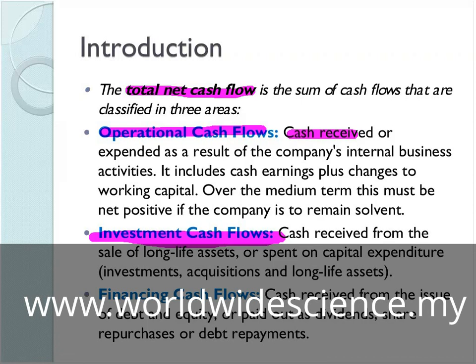That means the cash flow from investment, the same as when we invest in some projects. And we have financial cash flows: the cash received from the issue of debt and equity, or paid out as dividends, share repurchases and debt payments. This is financial cash flows when, for example, we issue additional shares. This shows us how much cash comes in and goes out, the flows of cash ins and outs.